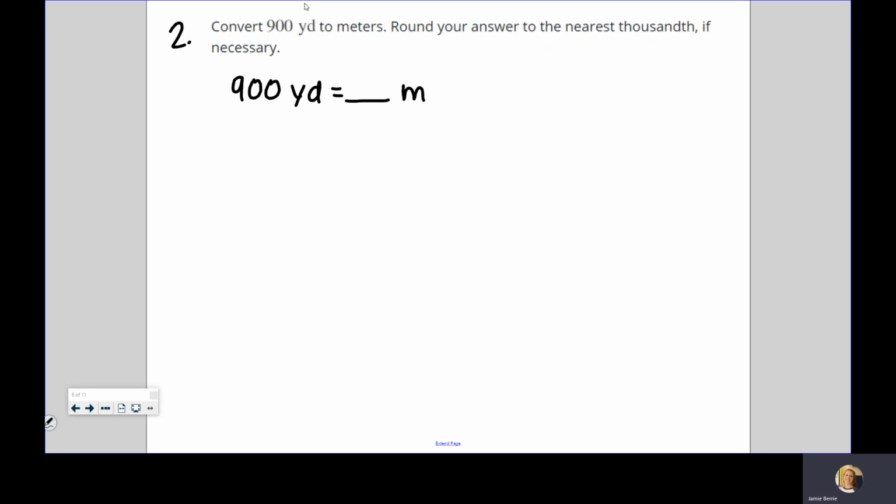But that column says 1 yard, YD stands for yard, equals 0.9144 meters.